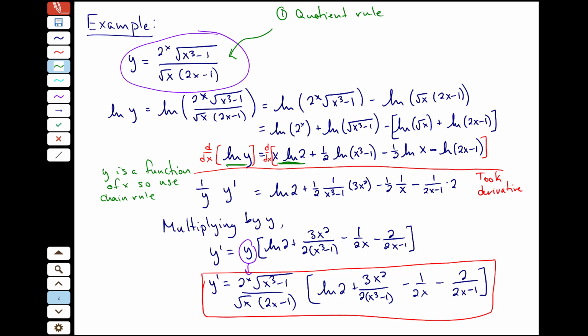And then we would need to use the product rule when taking the derivative of both the top and the bottom. And then, while we're using the product rule, we have a chain rule as well.